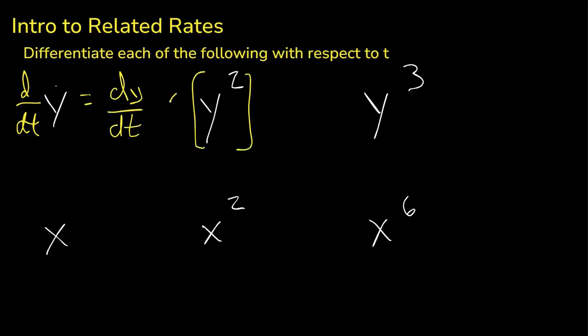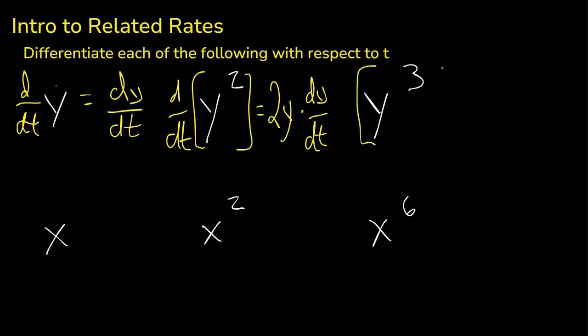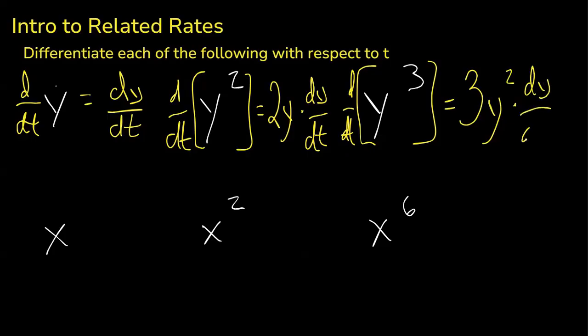For y squared, you would have to use the chain rule: 2y times dy dt. And same thing with the y cubed. If we differentiate this with respect to t, use the chain rule with implicit differentiation. It'd be 3y squared times dy dt.